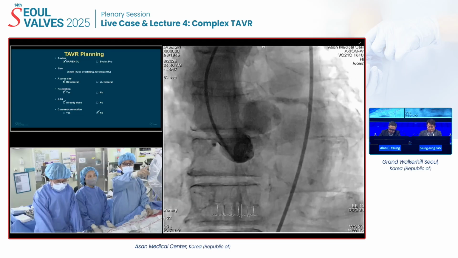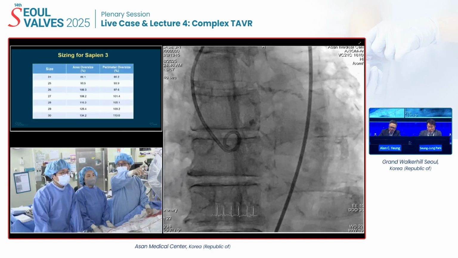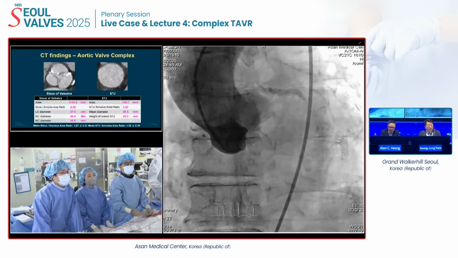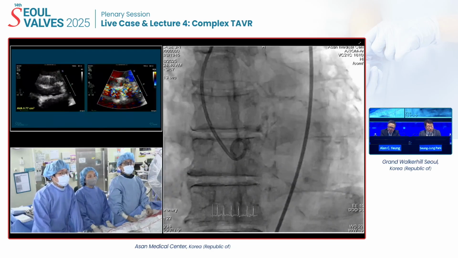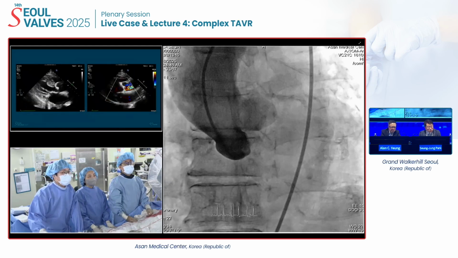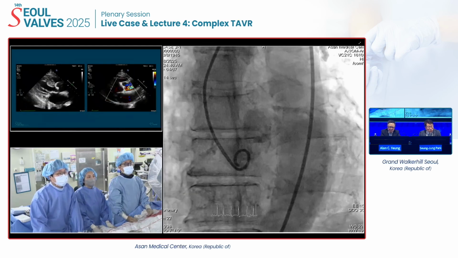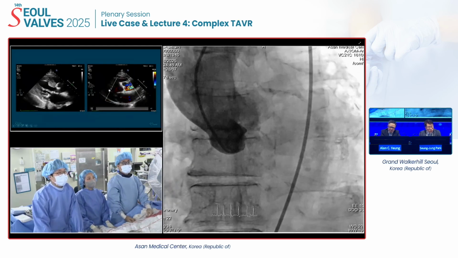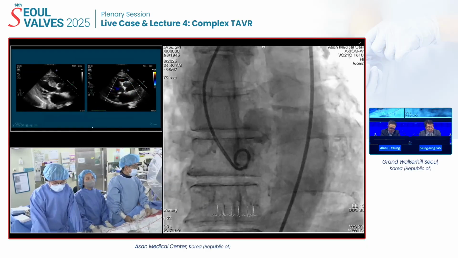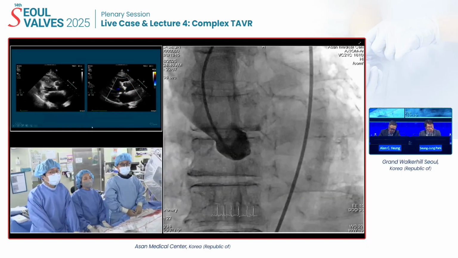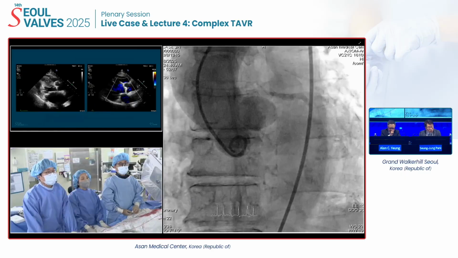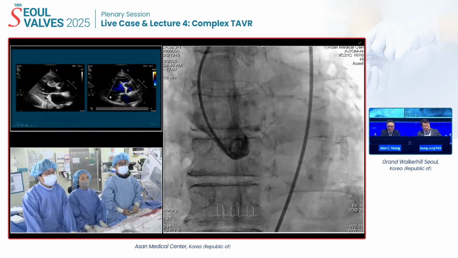Okay, can you see the echo slide? Okay, play. To summarize, this patient is an 80-year-old male presenting with DOE, functional class 2 to 3.